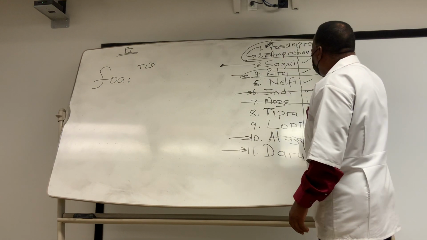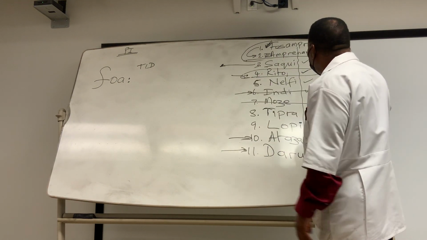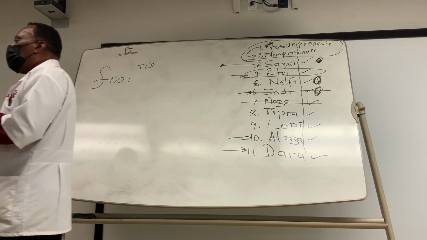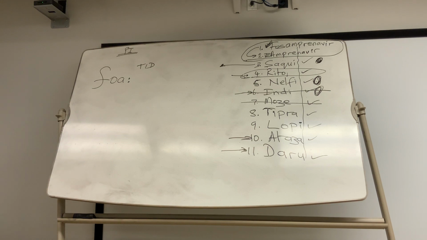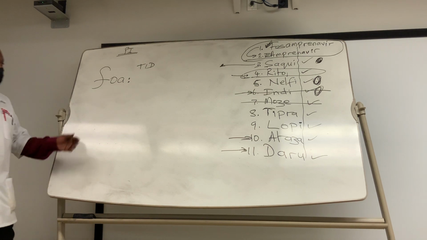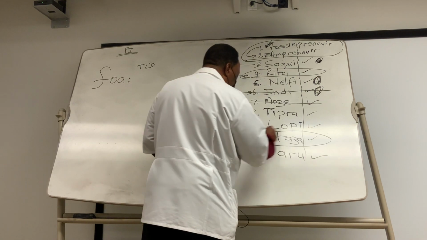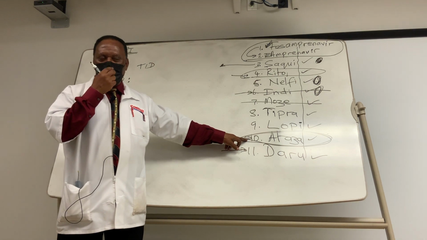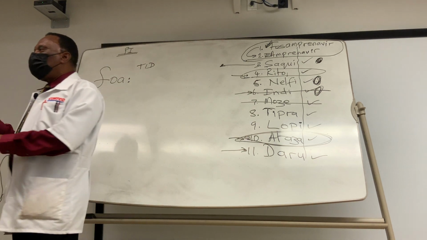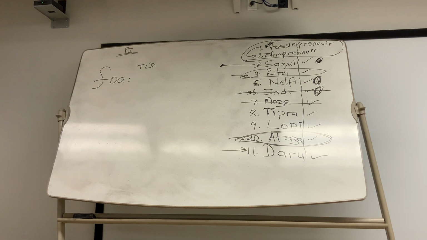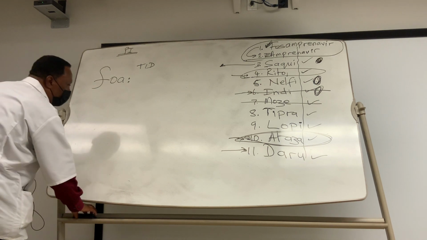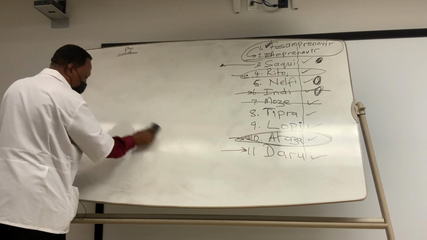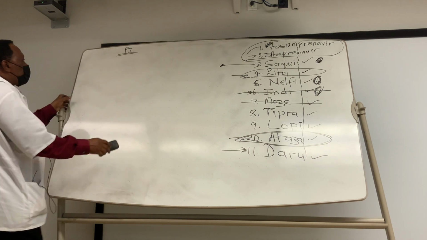Okay, so saquinavir, the indinavir, that's already gone, and then your nelfinavir. Those are administered on a TID basis. Okay. And then, of course, atazanavir is administered on a QD basis. All the rest can be given on a BID basis. So that's how we break down the frequency of administration.